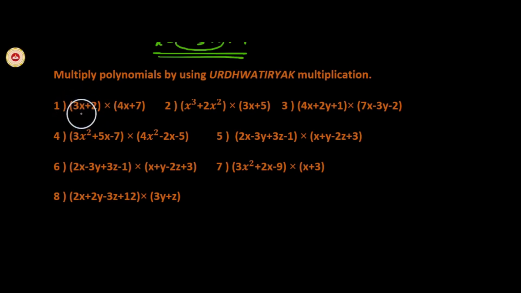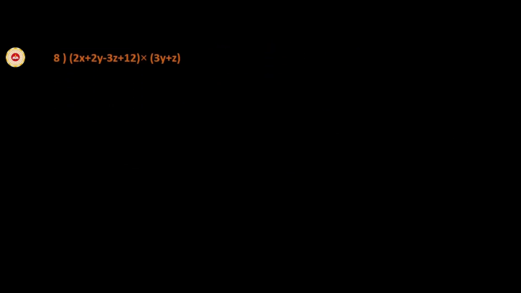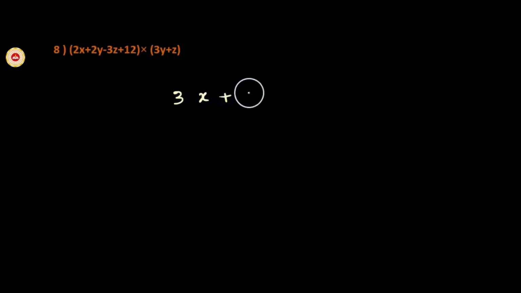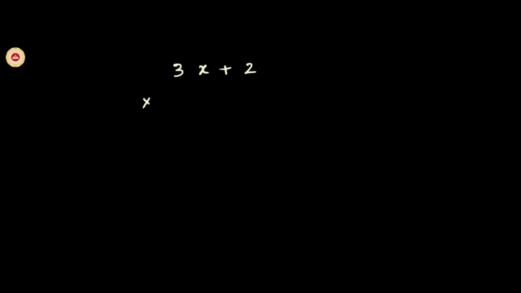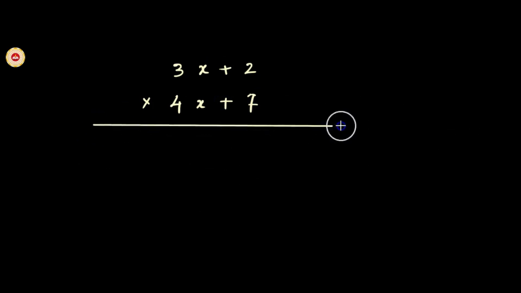First example, 3x plus 2 multiplied by 4x plus 7. Now there are two terms in this polynomial and two terms in this polynomial, right?